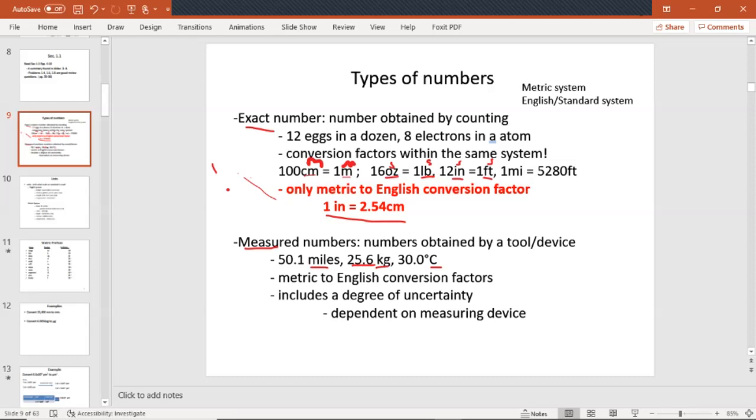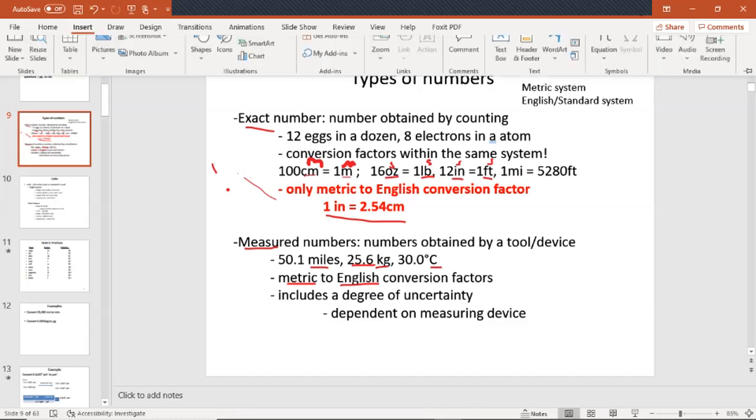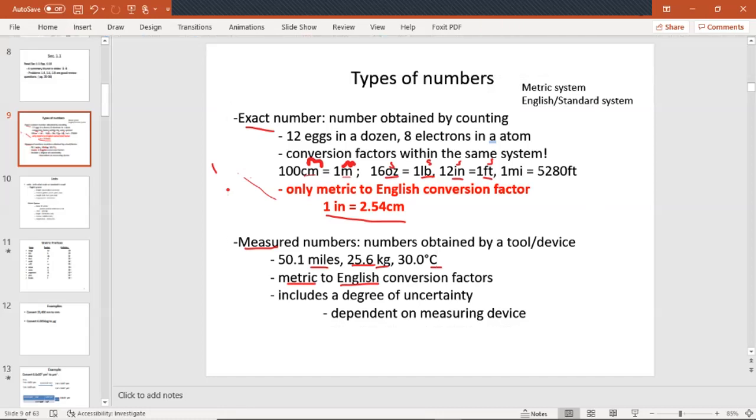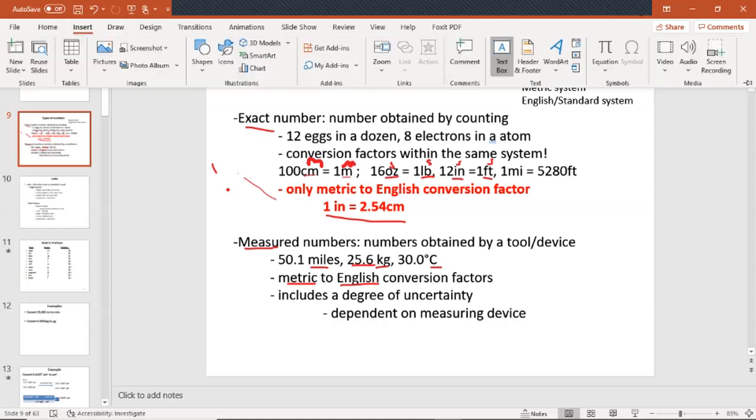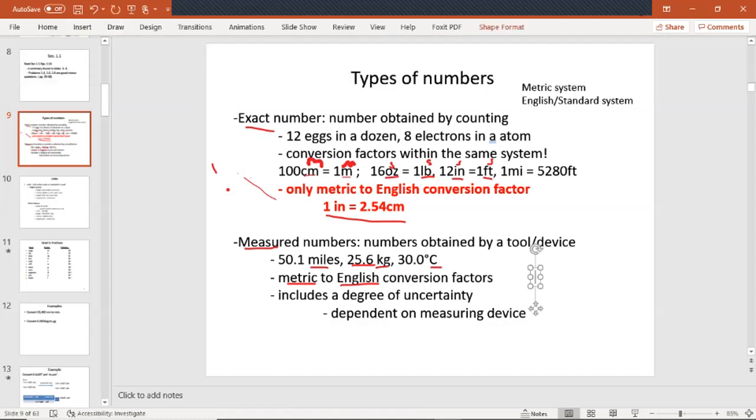Now, anything that you measure is a measured number. The other thing that's a measured number is metric to English conversion factors. And when we talk about metric to English conversion factors, to give you a few of those, we're talking about, for example, how many milliliters in a quart. So there's 946 milliliters in 1 quart.